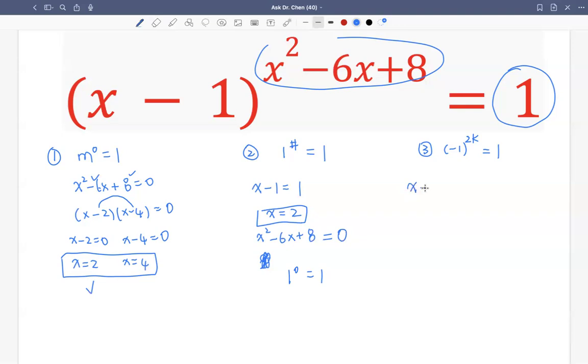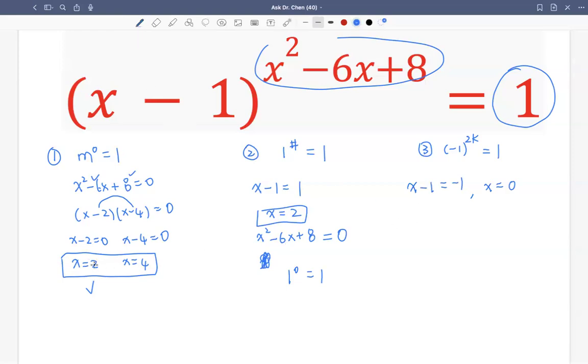So now let's see the third case. The third case means x minus 1 may be -1. In that case, x equals to 0. If x equals to 0, we don't want the exponent to be 0, because 0 raised by 0 is not defined. As long as the exponent is not 0, it should be fine.